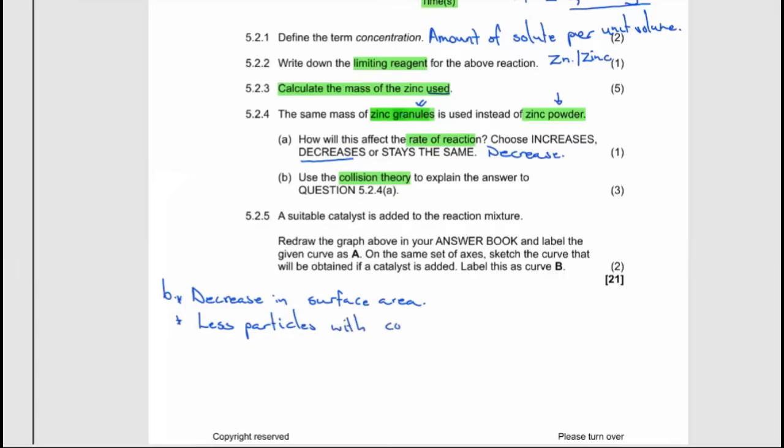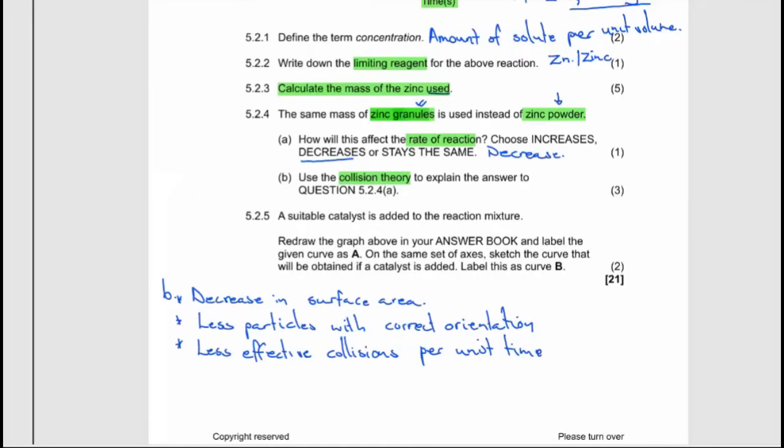Then we also talk in terms of effective collisions. If we have fewer particles with correct orientation, we're also going to have fewer effective collisions per unit time. So this is how we attempt that.